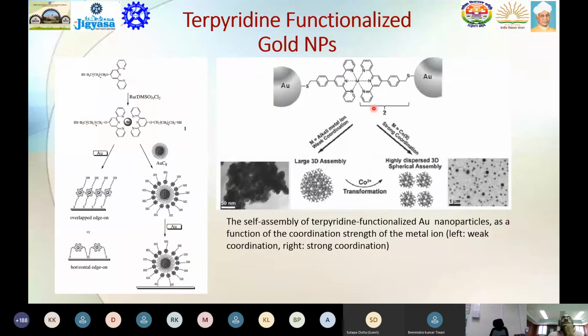The other example you see on the right side is where I now have gold salt. It is actually very easy to make gold nanoparticles in the lab. Anyone can try it with very small experiments. You take a gold salt and some surfactant, like what we have in soap solutions, right?